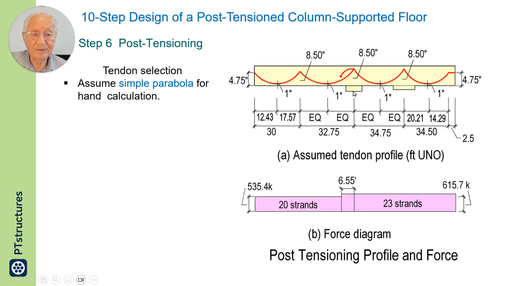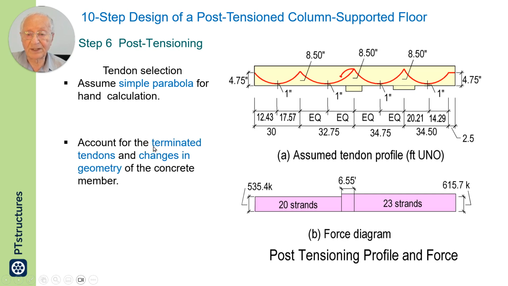So I have a column drop, and I have a drop panel. In hand calculation, I assume a simple parabola. In a real structure, these will be smooth, reversed parabolas over the section. We have to account for the terminated tendons and changes in geometry of the concrete member.